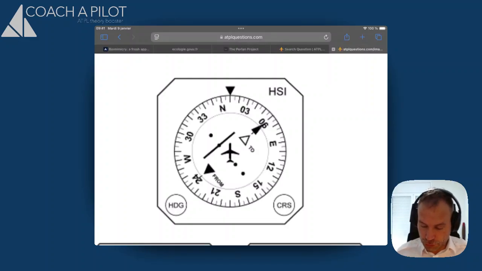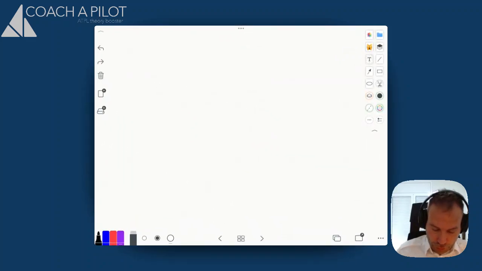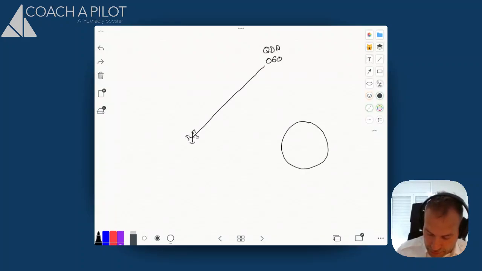So then we just have to draw a situation in which we have the VOR like that, okay, and we have the radial 060, also called the QDR 060, because the HSI displays a course selected 060 and a from information. Okay, you see when the triangle is in the opposite direction as compared to the course selected, it means that we have from.